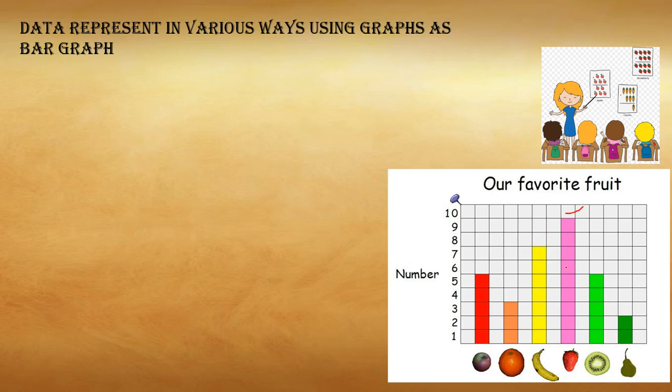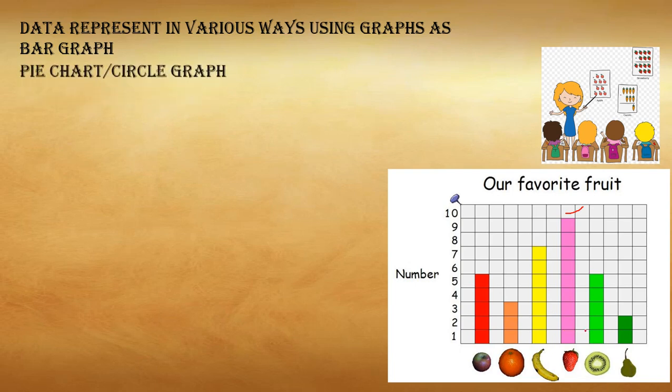So this graph is known as the bar graph, which represents the data in the form of rectangles of uniform width and having equal space between the bars.